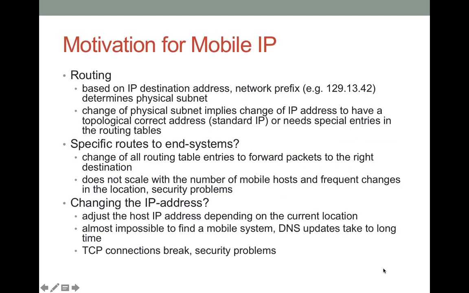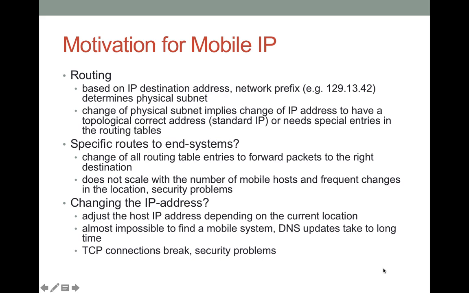Right. This is the motivation for mobile IP. Why mobile IP was introduced: if we look at the static IP as before mobile IP, a static IP is attached to a particular device in a particular network.